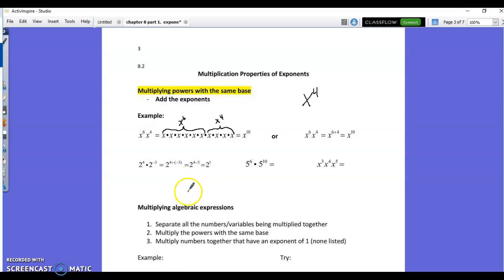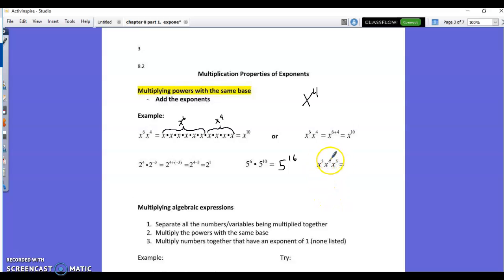Whenever we have, and you can see here the base of this is 2, so we are allowed to do that. Here we have a base of 5. Since the base is the same, we're going to keep that, and then we just have to add the exponents. So 6 and 10 would be 16. That would be to the 16th power. Here we have 3 powers with the same base.